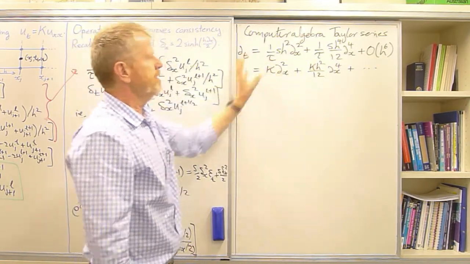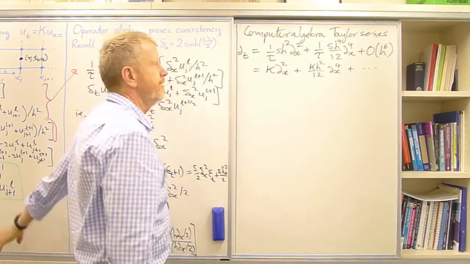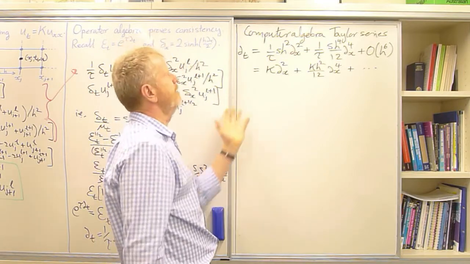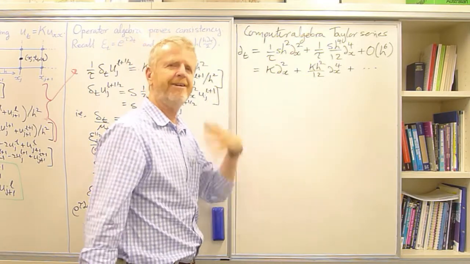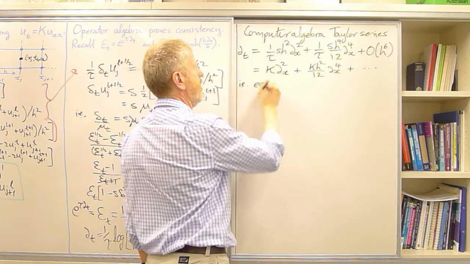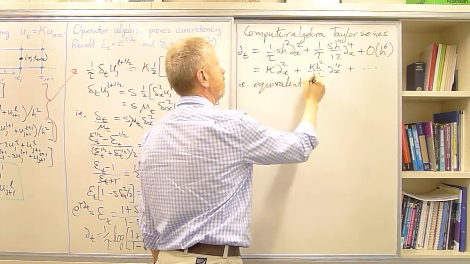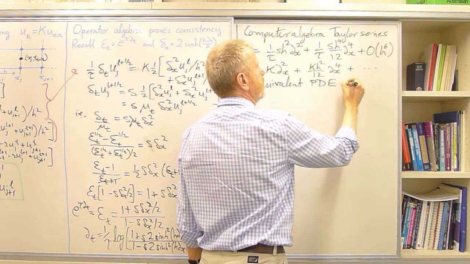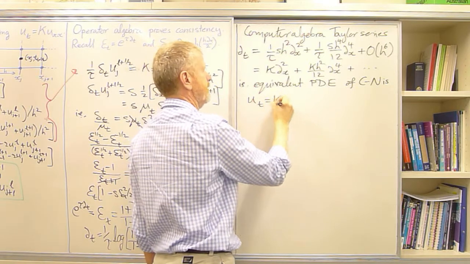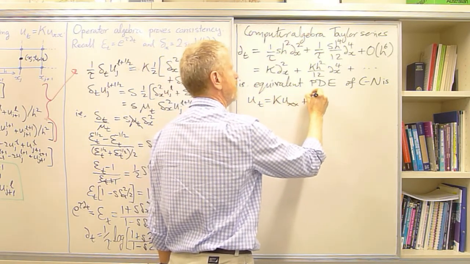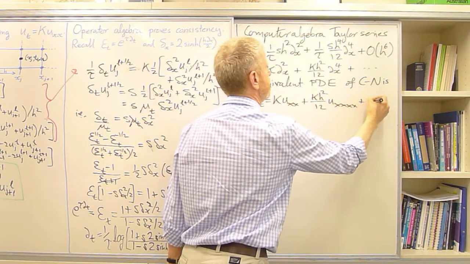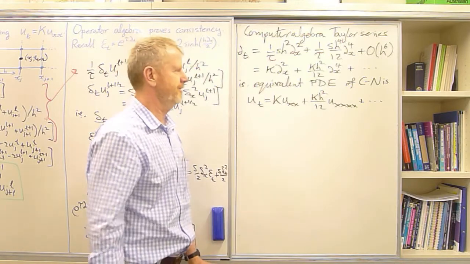Now this operator equation is somehow equivalent to the discretisation, and what it means is the discretisation is equivalent to this operator acting on a function u of x, t. So the equivalent PDE of the Crank-Nicolson scheme is du by dt is k u_xx plus k h squared over 12 u_xxxx plus higher order terms which we haven't identified.